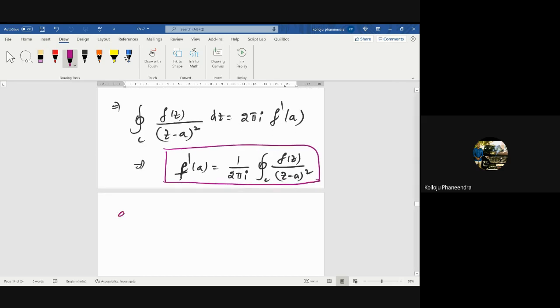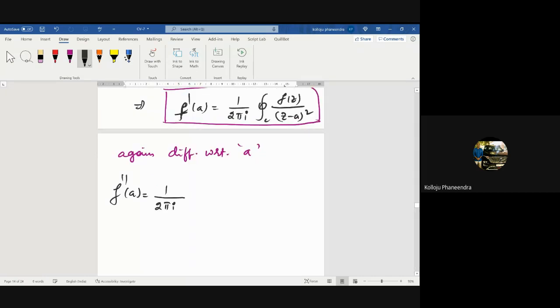Again, differentiate with respect to A. Then I will get F double dash A equals 1 by 2 pi I integral over C, F of Z treated as constant, and the derivative gives 2 by Z minus A whole cube dz.